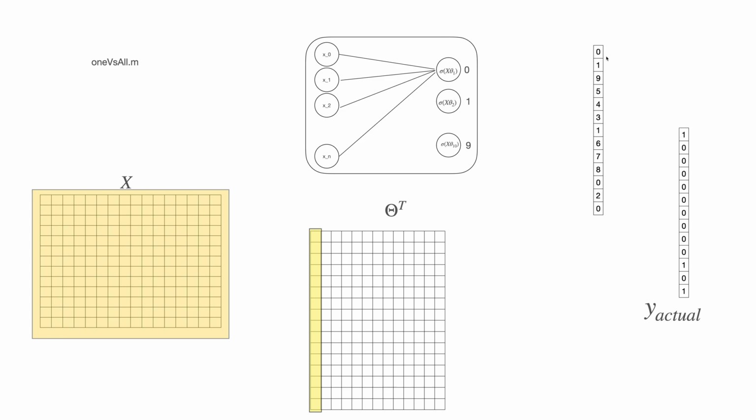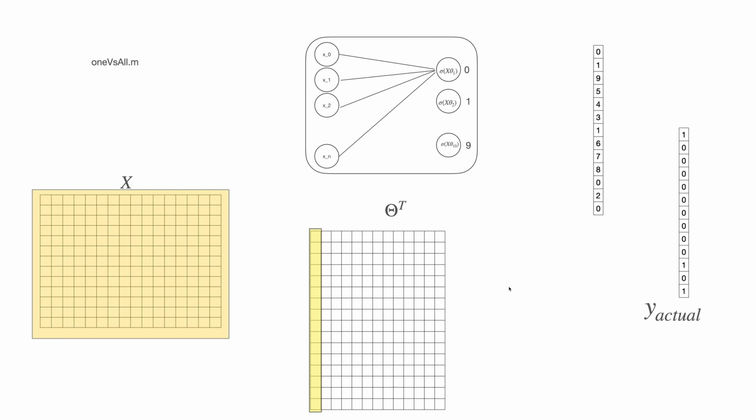Notice that the y-actual gets converted from its original form into a binary form, where since we're dealing with class 0, 1 is the first entry because this is 0, this is not, this is not, this is not, this is not, this is not, this is not, and this is right here. So is this.